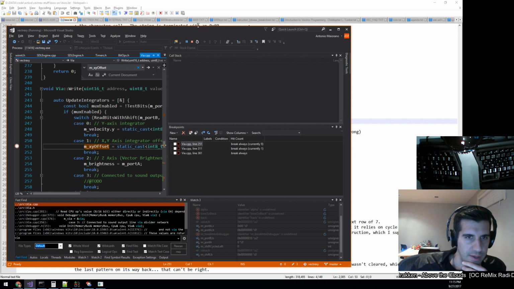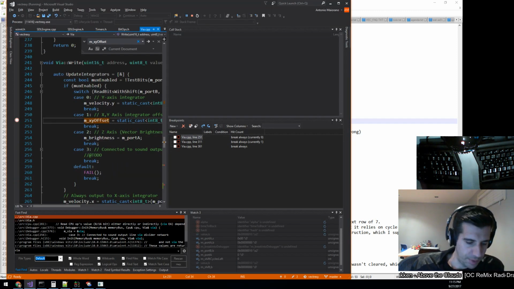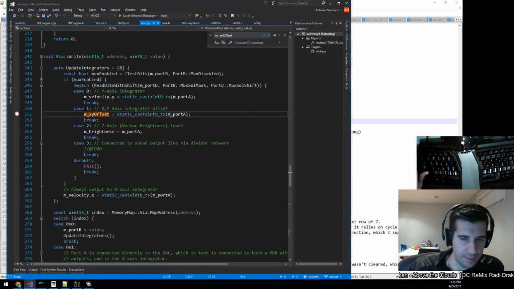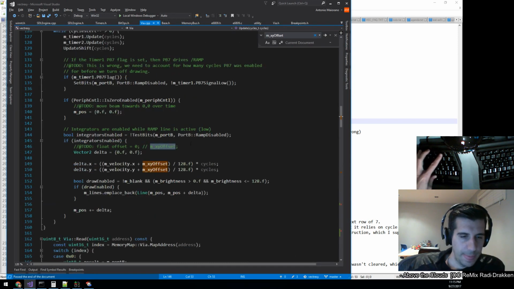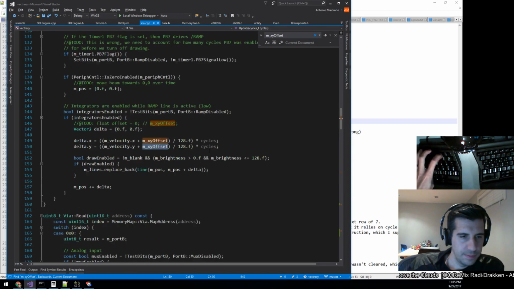I think that's my cue. I'm not seeing why this isn't happening. I'm still fairly certain that this is the problem. That basically, you see what I'm doing is I'm adding the offset here.